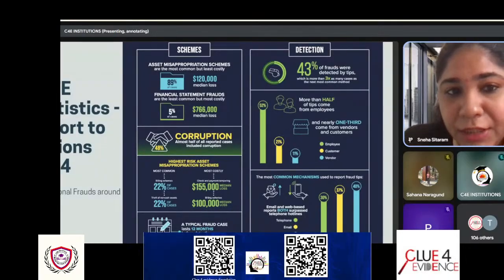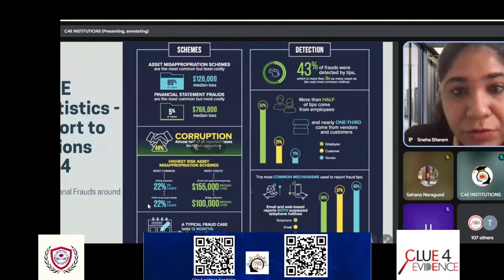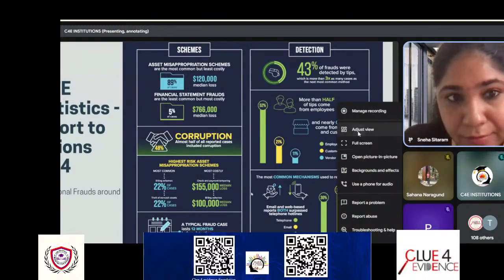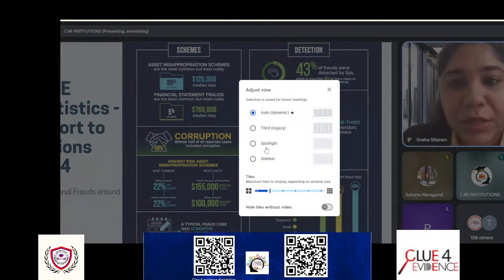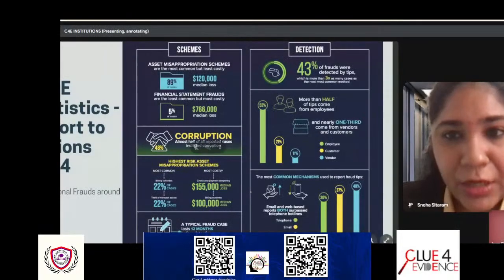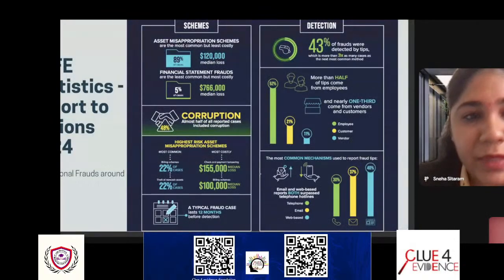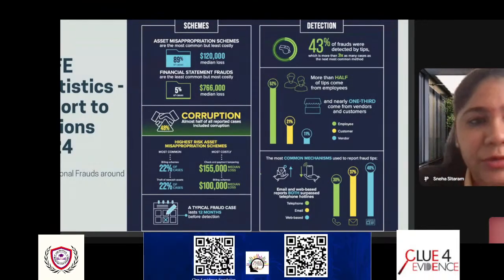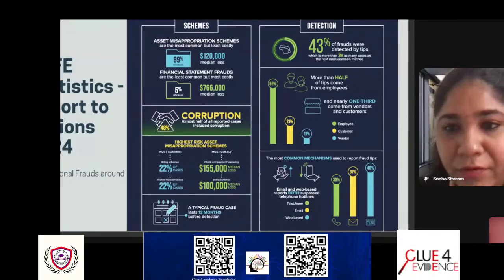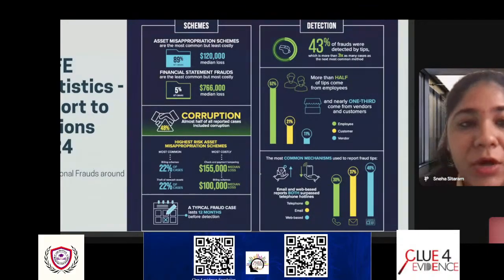In financial statement fraud, the loss value is higher, but the percentage of cases is less, because it is not very easy to manipulate the financial statements, where you try to tweak the revenue or the liabilities, showing increased or reduced liability. You try to picture the financial statement in a way that the public would believe the organization is doing well. So this relates to the financial statements.